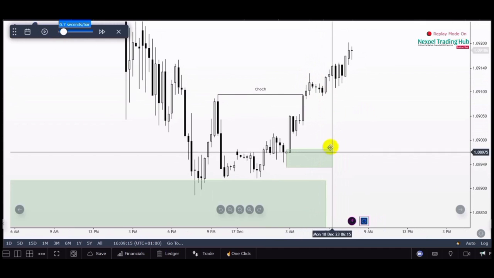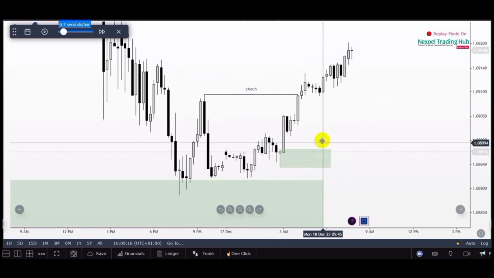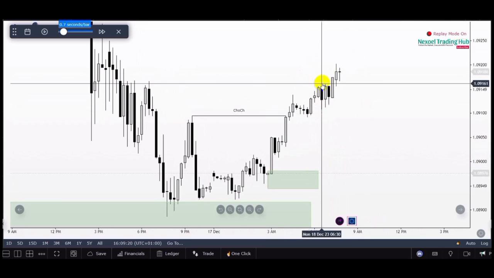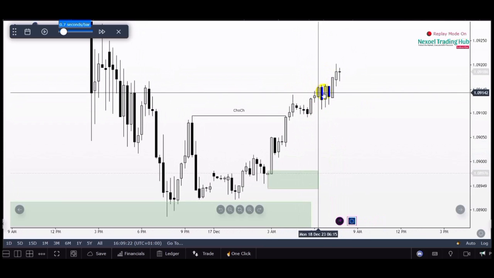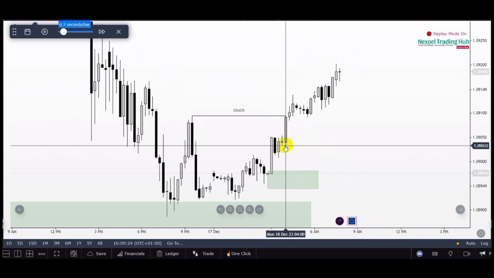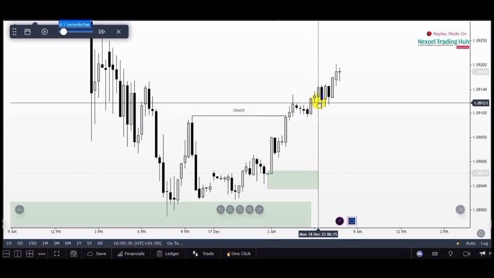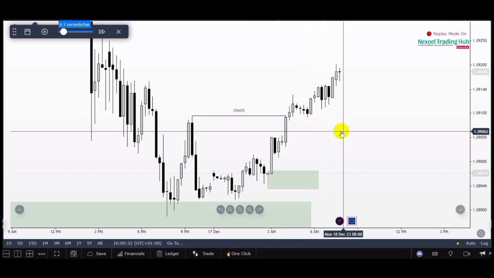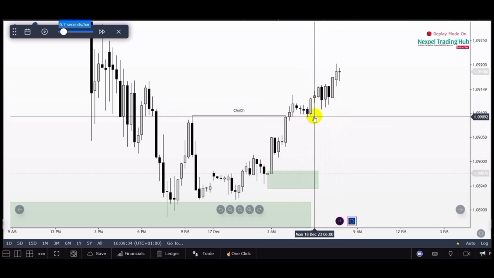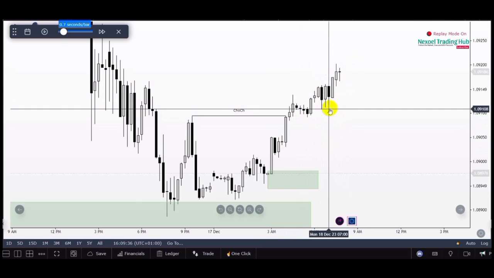Now price did not return into our point of interest. Rather, price pushed further and then raided this high. So we have a transfer of inducement from this point to this point. So this becomes our new inducement. So we want to see price return to raid this inducement, and then we have a push to the upside.